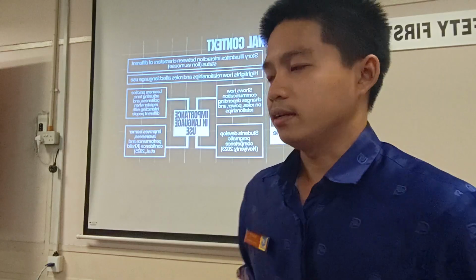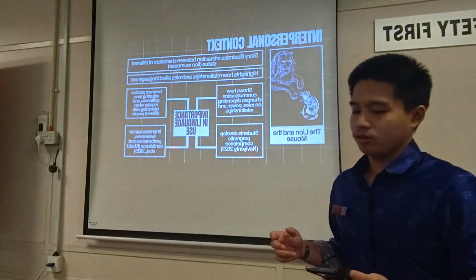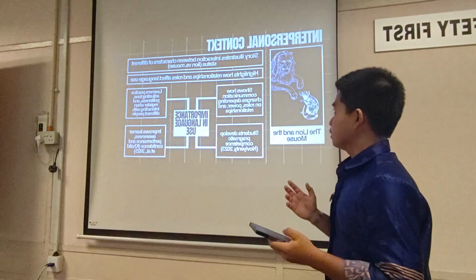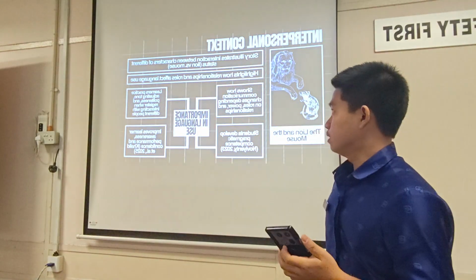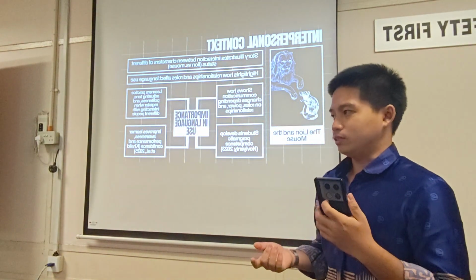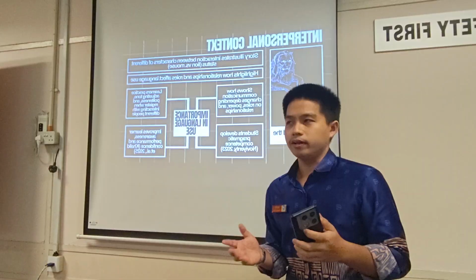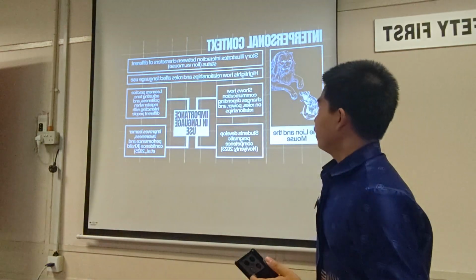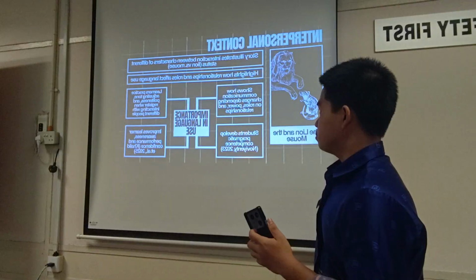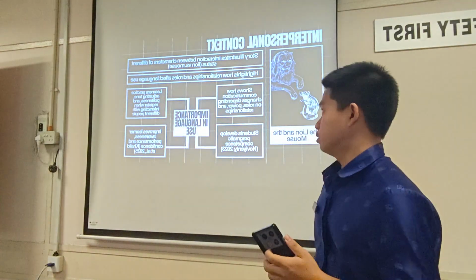Moving on to the context, which is interpersonal context. This story illustrates the interaction between characters of different statuses, the lion versus the mouse. As we know, the lion is much more powerful and the mouse is tiny and very vulnerable. This highlights how relationships and roles affect language use.